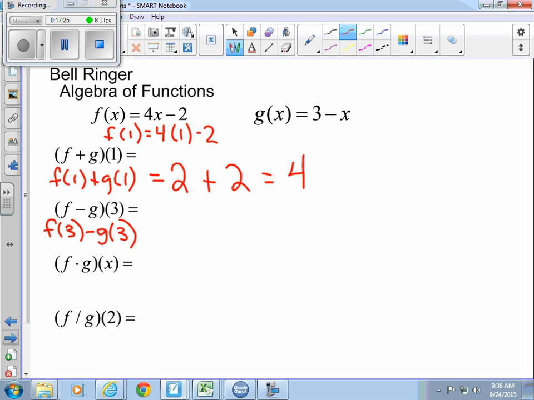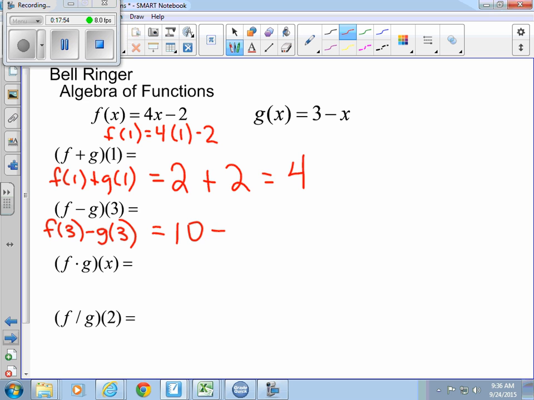That 3 is the x value. We don't get an answer and then multiply by 3. Don't do it. Half of you will try to do that. Don't do that. So f of 3 is 10, and g of 3 is 0.